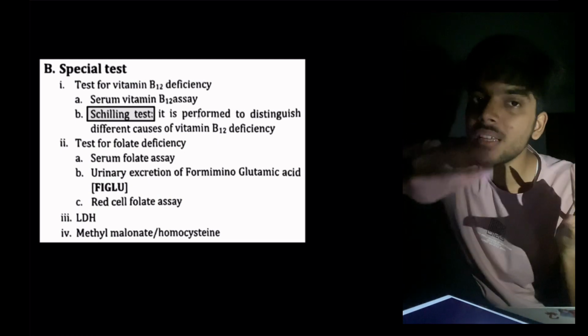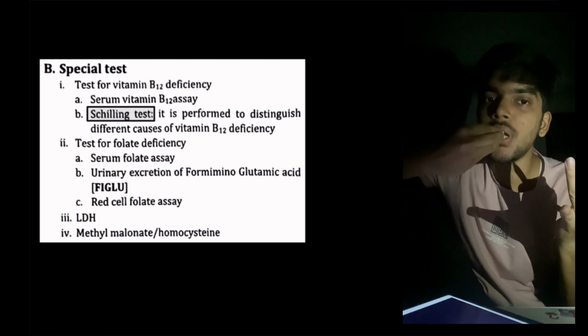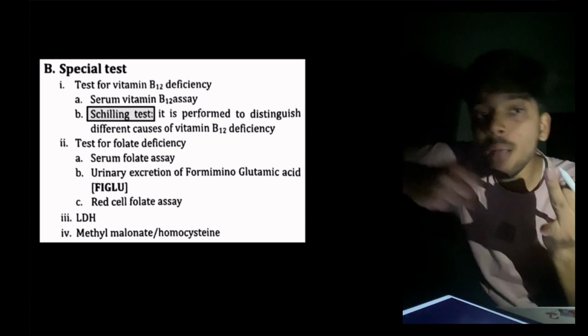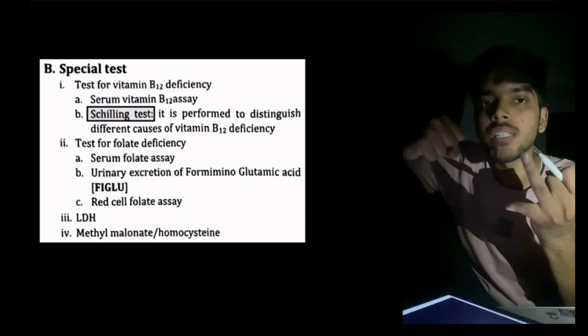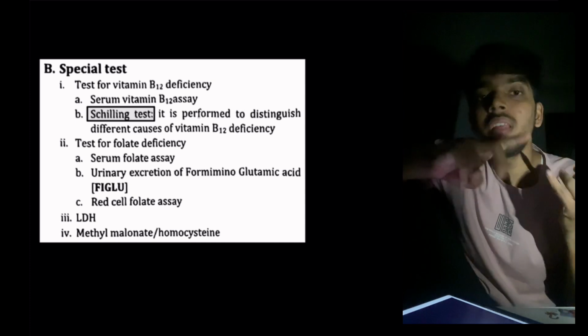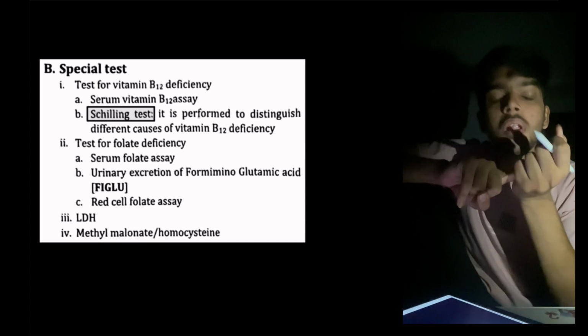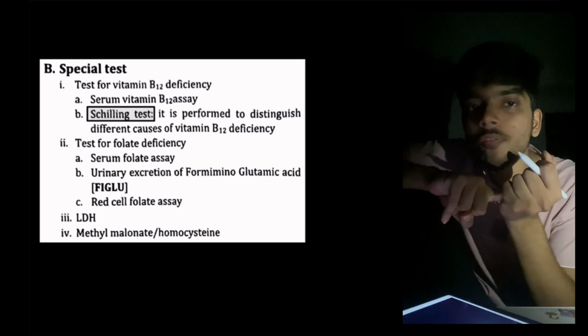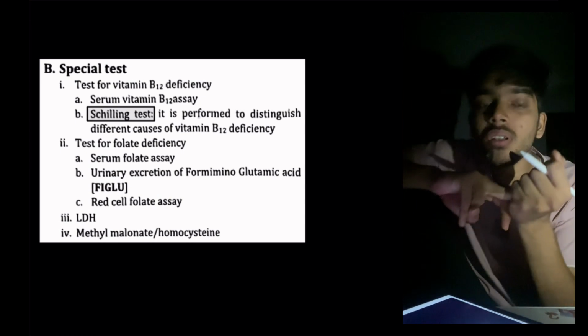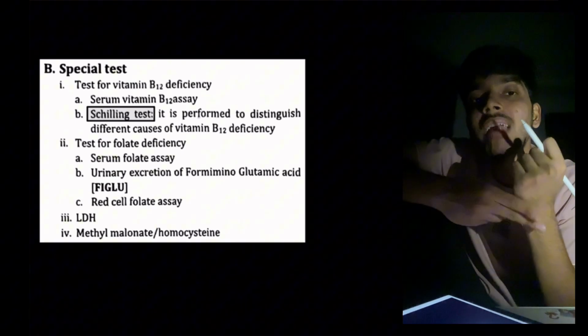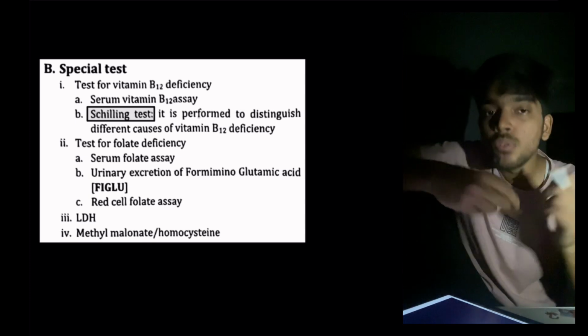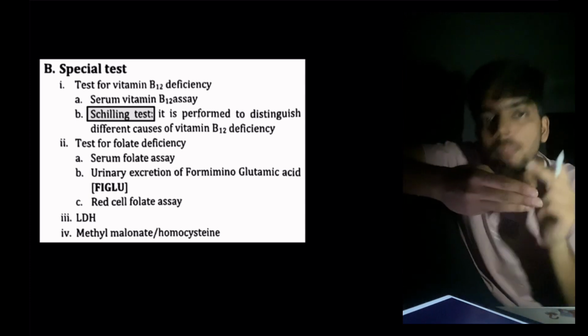It can occur, let's say you are taking vitamin B12 sufficiently, but then there is impaired absorption. Absorption is not taking place properly. Now within absorption, there can be 2 possible reasons. Number 1, if there is no intrinsic factor, or number 2, because there is bacterial growth and inflammation in the intestine.